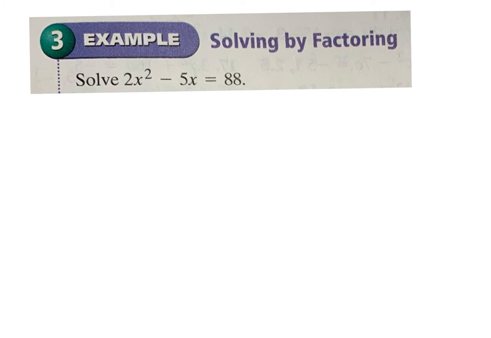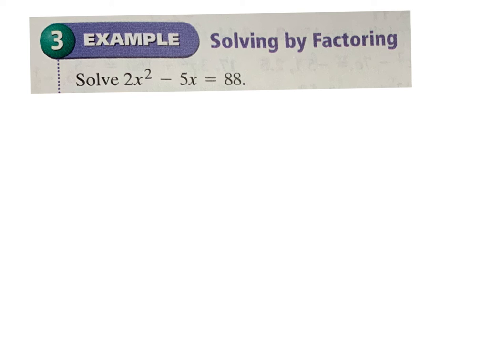We have 2x squared minus 5x equals 88. We do not have a property that tells us numbers that always equal 88. So for this one, we have to make it equal to 0. Basically what you're going to do is move that number over, all right?